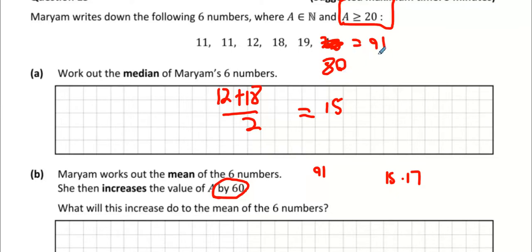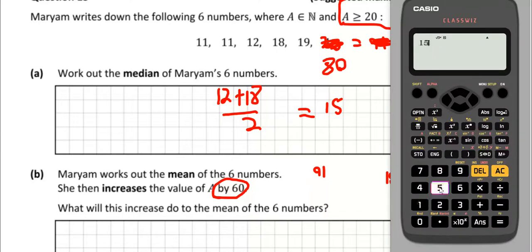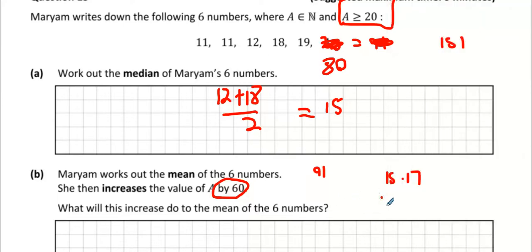It adds up to 151. Divide 151 by 6. And what happens to the average? The average is now 25.17. So what happened to the average? It was 15.17, increased by 10. The average increased by 10.